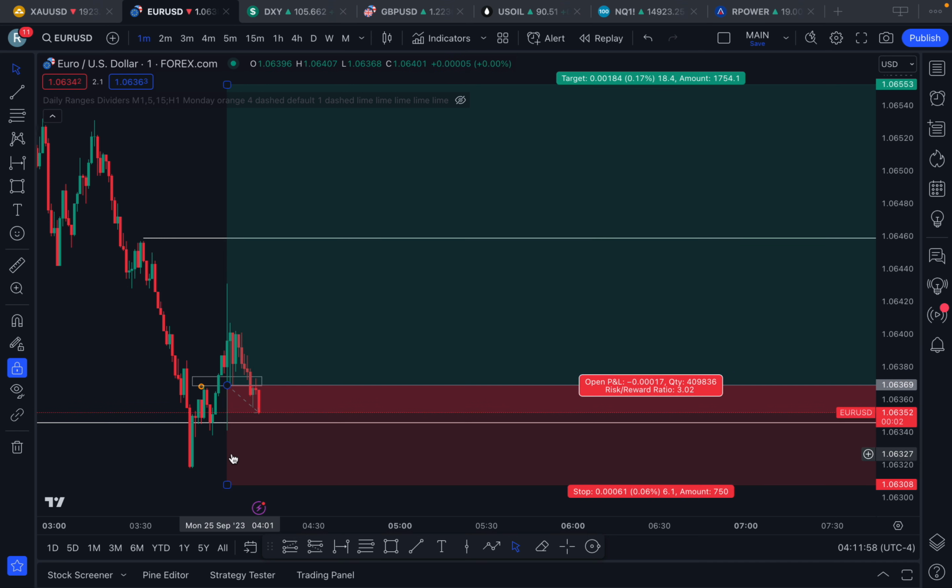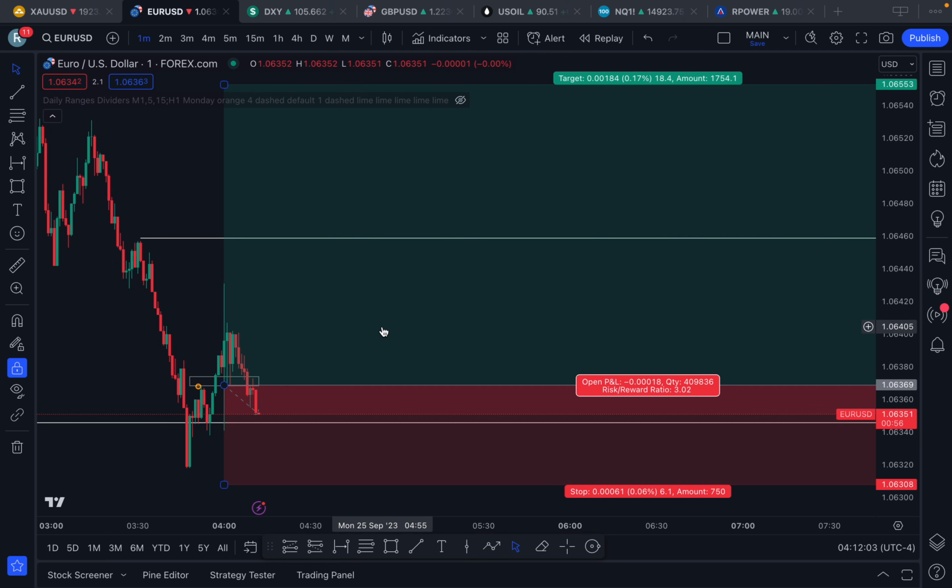I wouldn't be surprised if price comes and takes out these lows before it goes up, but I don't want it to do that.